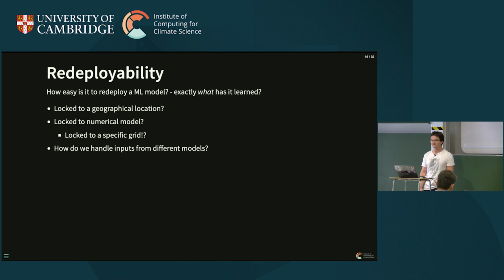And similarly, if you've trained on a particular geographical location, how relevant is that to the rest of the atmosphere? So there was a talk I saw last week where they'd trained, I think it was heat wave predictions from data in Peru, and then they were trying to apply this out to countries across the globe.